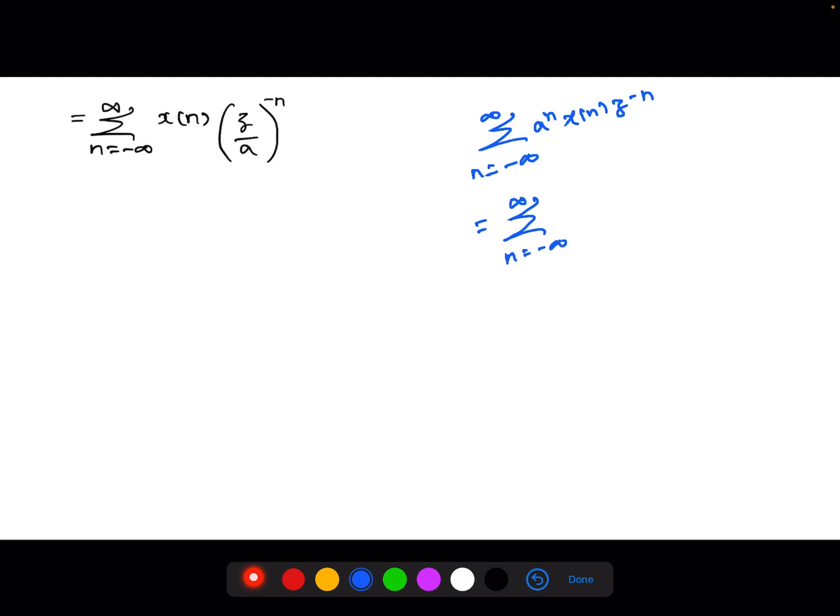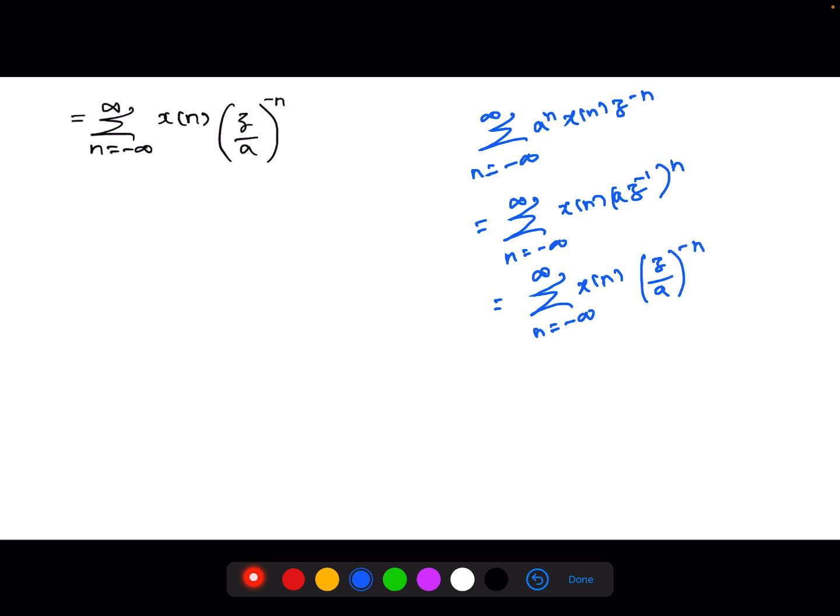So now this will lead to x of n is here. So let us have a z inverse power n. Now we need the z transform rule. So we can write this as a by z, but still I am writing it as z by a whole power minus n.